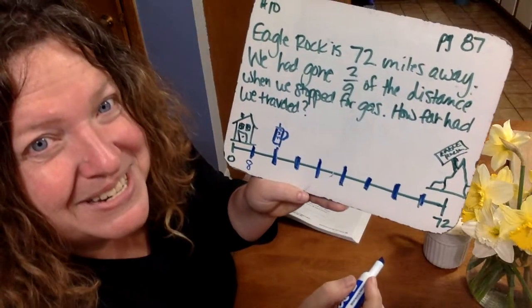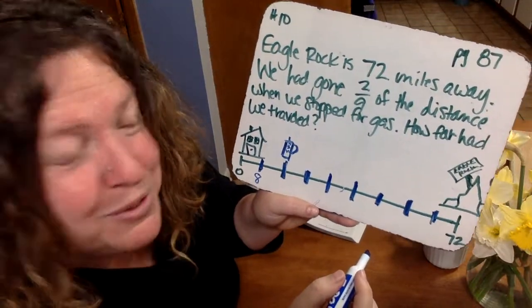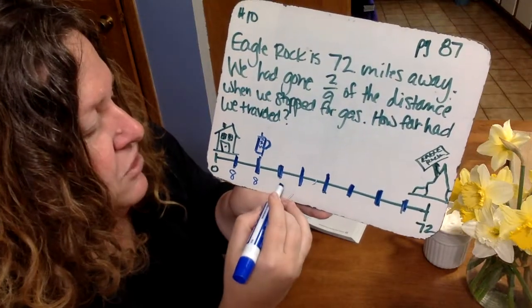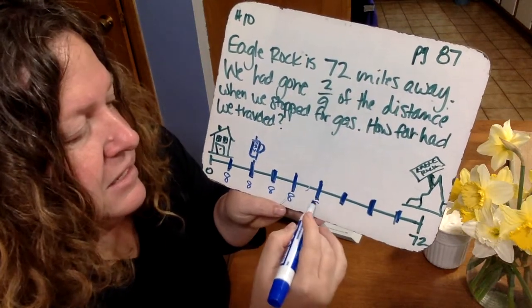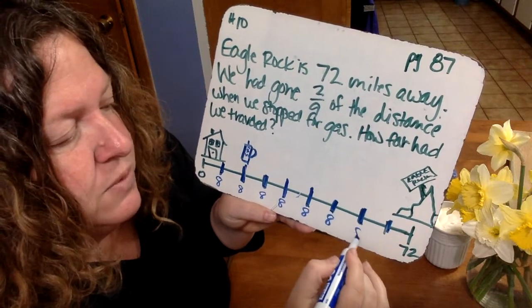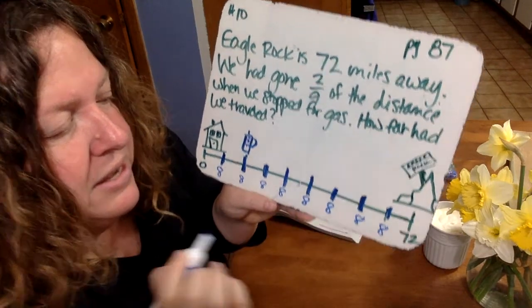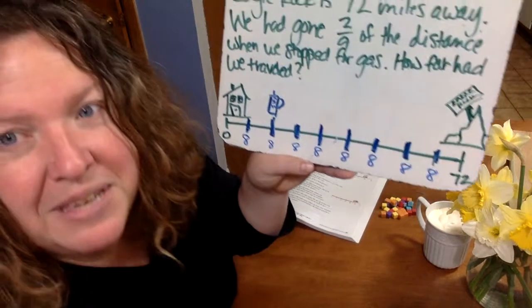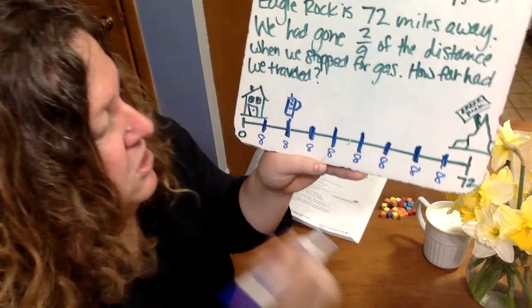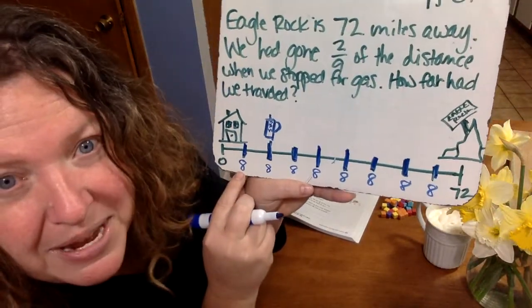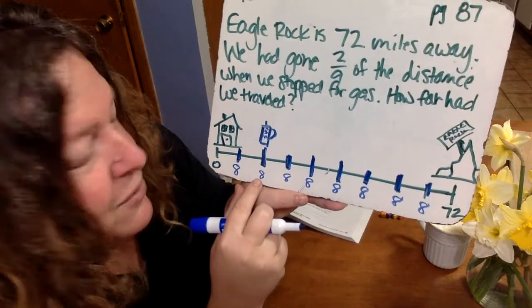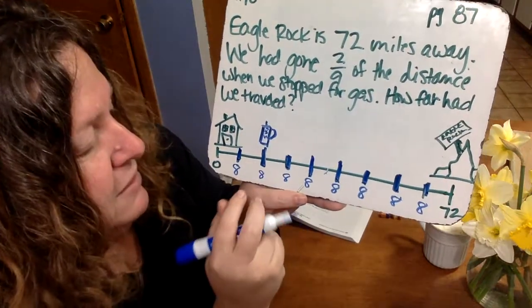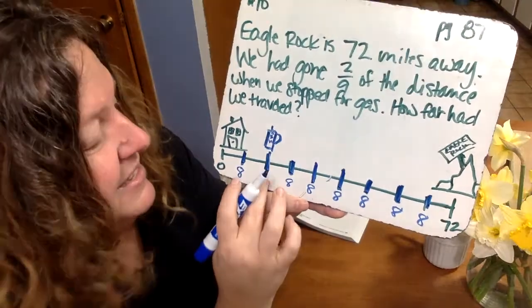Remember, it's fractions. The denominator has to be equal groups. So each of these is 8 more miles. Every time we get to one of those hash marks, we've gone 8 more miles until we finally have gone 72 miles. So the first one, we've gone 8 miles. After the second one, how many total miles have we gone? 16.